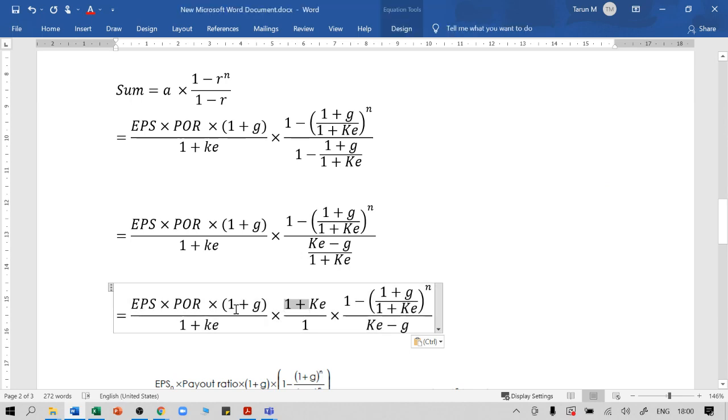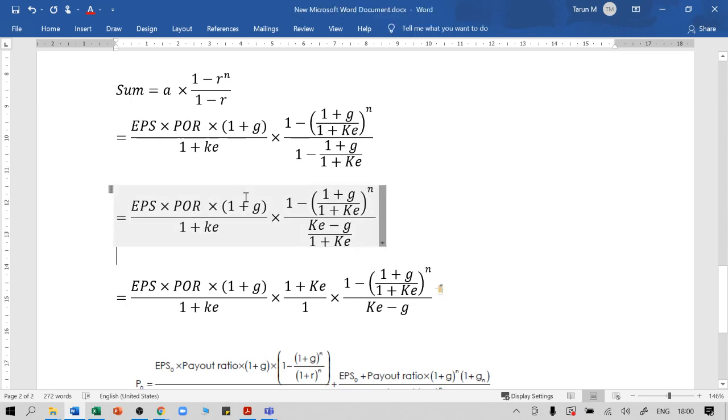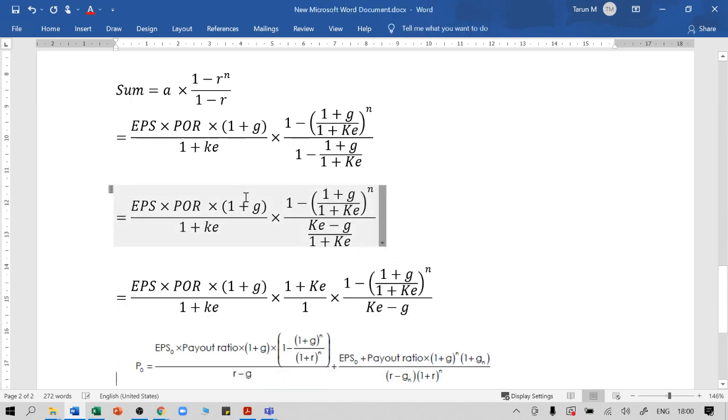This 1 plus k and 1 plus k will be cancelled out. So these are the steps for derivation of the first part of the formula, which is about the sum of a finite GP.